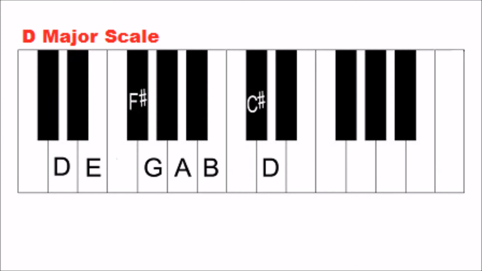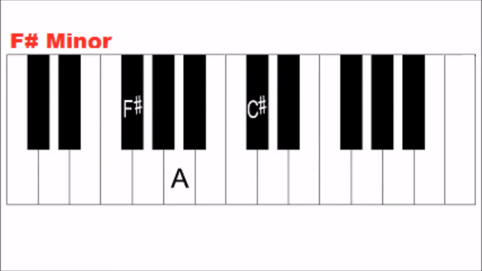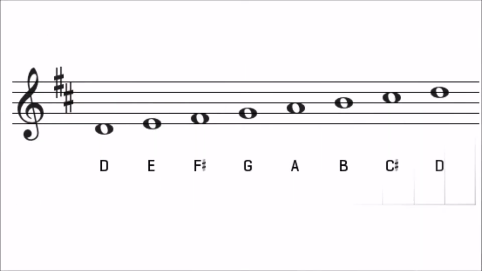How about the note F sharp? Is the chord F sharp major, F sharp minor, or F sharp diminished? It's clearly F sharp minor, consisting of the notes F sharp, A, and C sharp, which are all part of the D major scale.